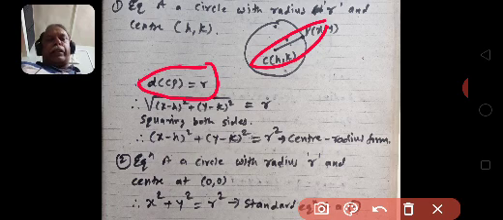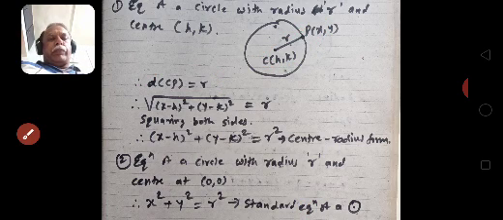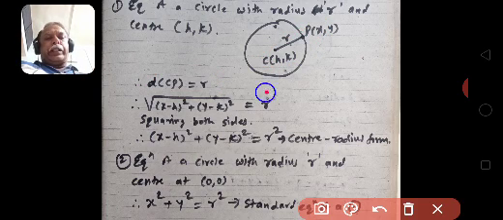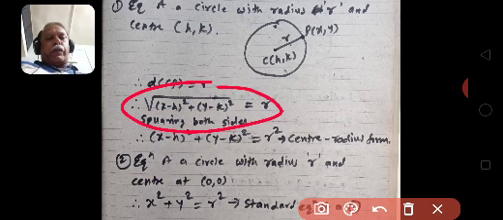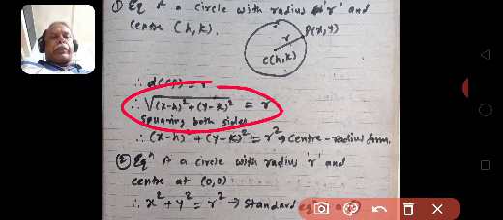Then by using distance formula, we get under root of (x minus h) whole square plus (y minus k) whole square is equal to R. Squaring both sides, we get (x minus h) whole square plus (y minus k) whole square is equal to R square.